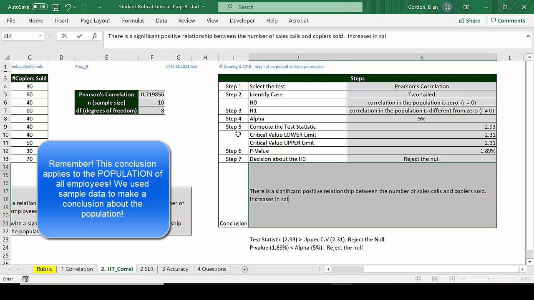Increases in sales calls is associated with increases in the number of copiers sold. We know that it's increases with increases because we have a positive relationship. Remember, a positive relationship is when the two variables are changing in the same direction. So we know increases in sales calls is associated with increases in the number of copiers sold.